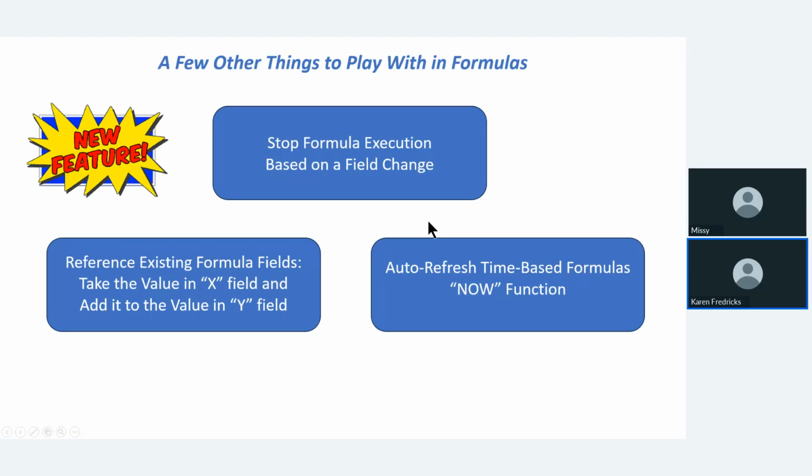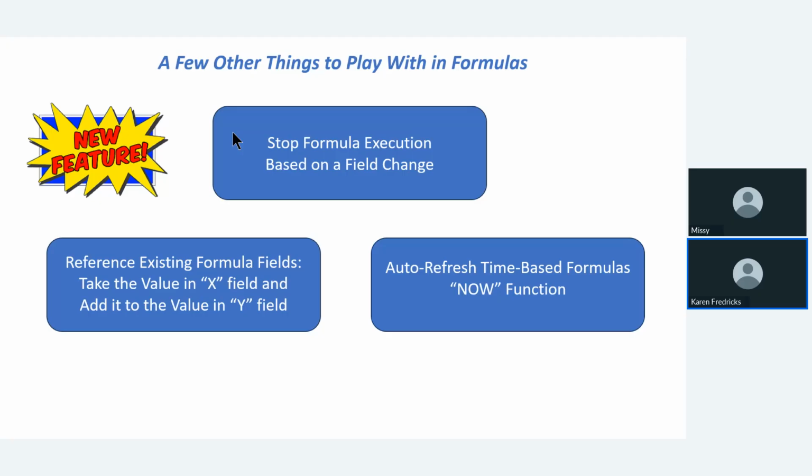A few other things that were added into the formulas, and these were all new things that I just stumbled upon. There's a new formula called stop. And I was trying to think, and unfortunately, my mind went to kind of a dark place on this one. Why do I want to stop a formula? So I know a lot of people are in insurance or accounting, and they need to see a person's age.